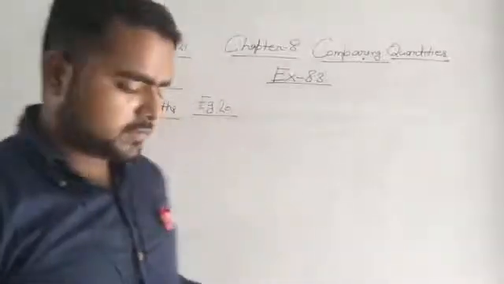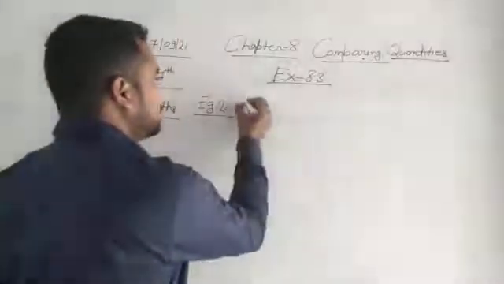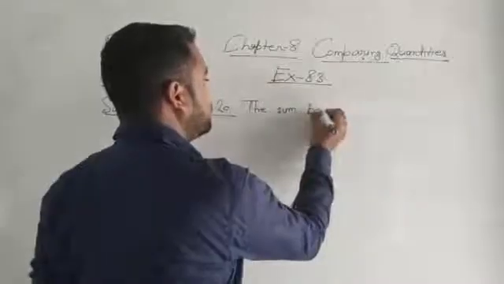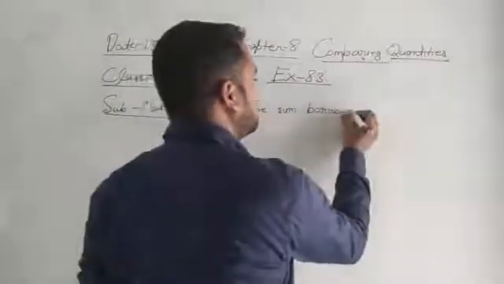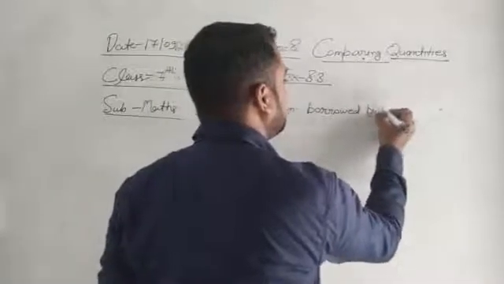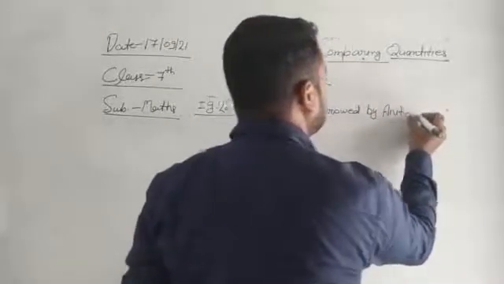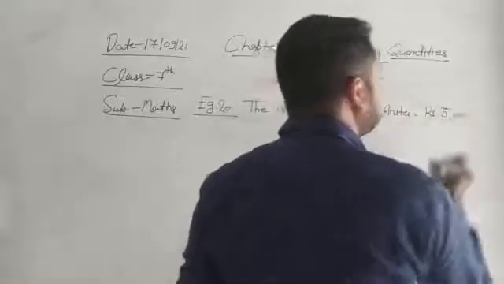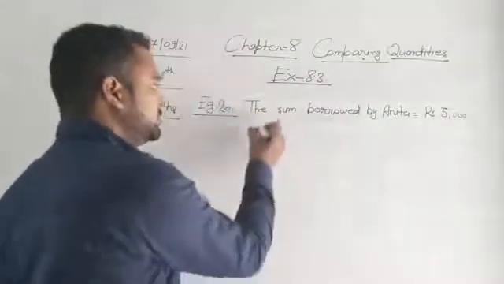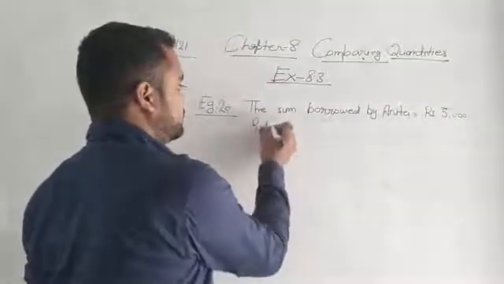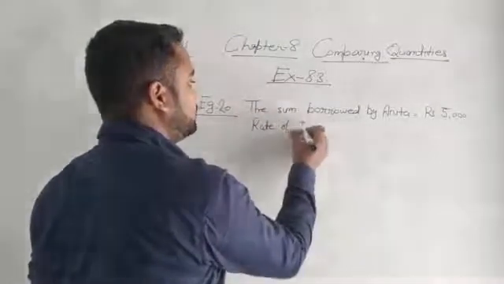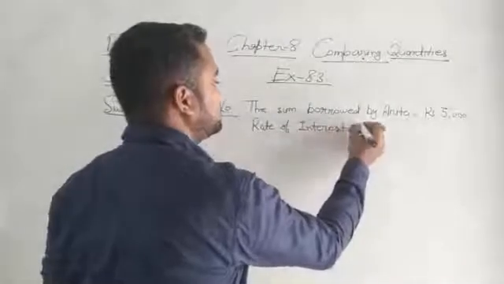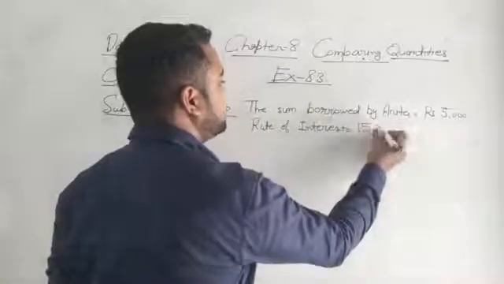Okay, so example 20, the sum borrowed by Anita is rupees 5000 here, and what is the rate of interest? Rate of interest is 15%.